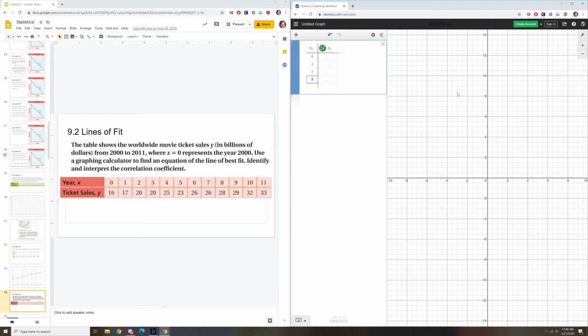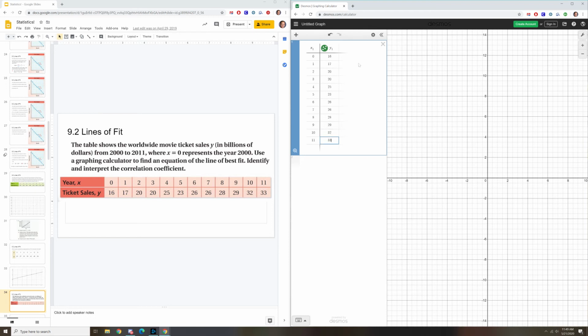Now notice that I'm not typing anymore. I'm just hitting enter. It's automatically putting it in for me all the way down to 11. Okay, so now let me put in my y values. I got 16, 17, 20, 20, 25, 23, 26, 26, 28, 29, 32, 33.